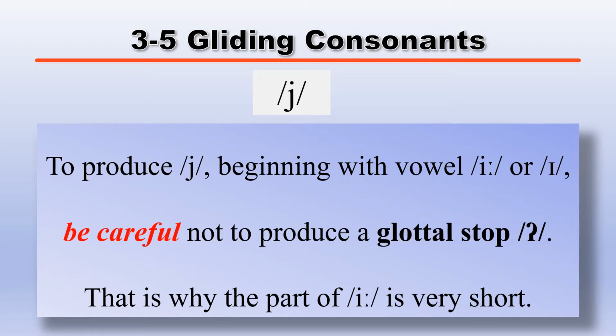To produce y, beginning with the vowel e or I, we have to be careful not to produce a glottal stop, as in the example in your book, the word yes. We glide smoothly and quickly from e or I towards the sound e, yeah.